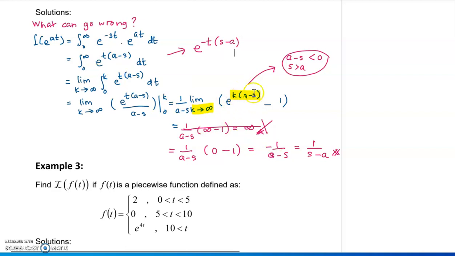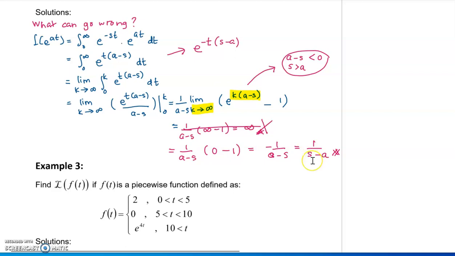This condition is needed in the context of the Laplace transform. In order to have the solution in the Laplace domain, a minus s needs to be negative, and we justify accordingly. If a minus s is negative, then the term here would be e to the power negative infinity, which turns out to be 0, so at the end we get the same answer.